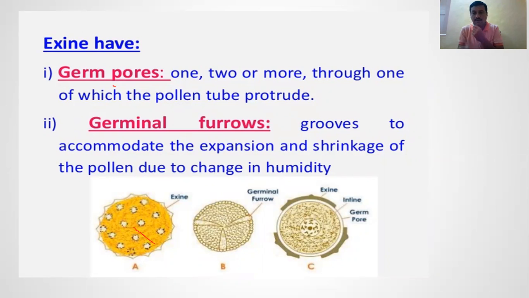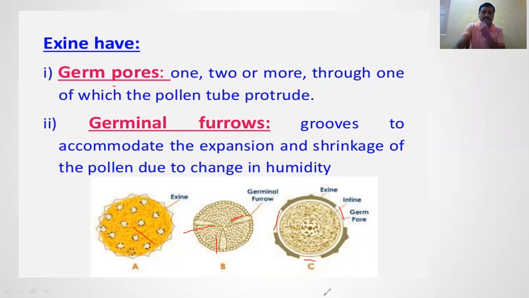The germinal furrow accommodates the expansion and shrinkage of the pollen due to changes in humidity. These structures are the germinal furrow and the germ pores.